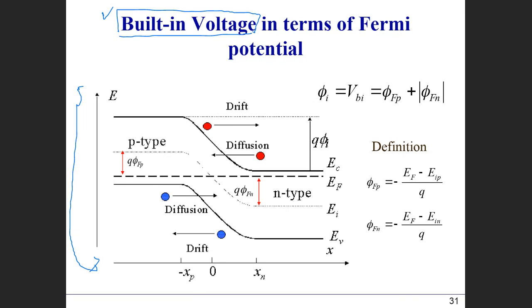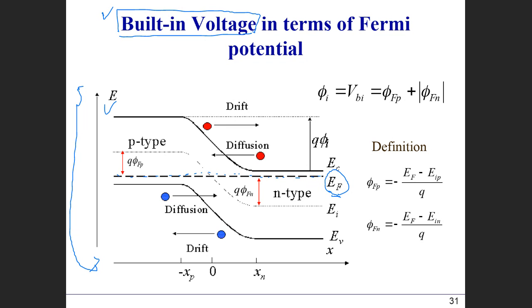How do we know? We know EF here is constant throughout the structure, which means this represents thermal equilibrium. When you arrange the PN energy band diagram based on this constant EF, you get this kind of energy band diagram of the PN junction diode.